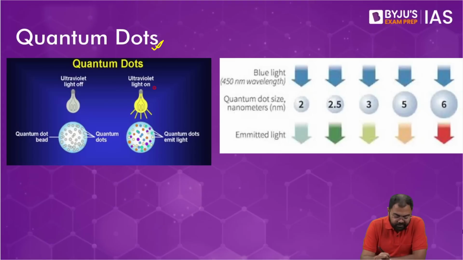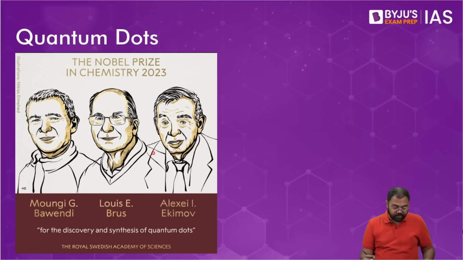For example, when ultraviolet light is incident on the surface of quantum dots, they would show different colors, and what color they show depends on the size of the quantum dot. The 2023 chemistry Nobel Prize was given for quantum dots discovery and synthesis.